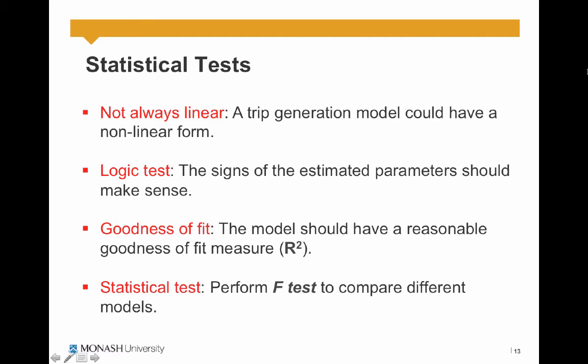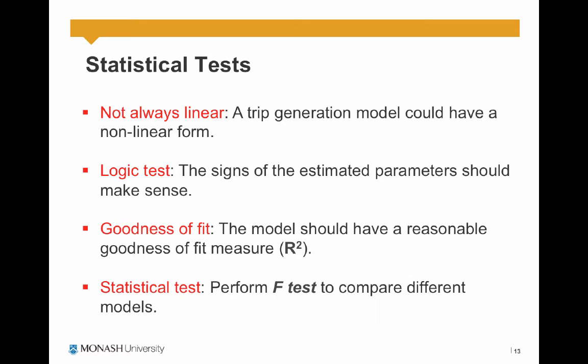There are several statistical tests that we can use to make sure the estimated regression model of trip generation is a good one. Please note that the regression model is not always linear. You can estimate a nonlinear regression model.